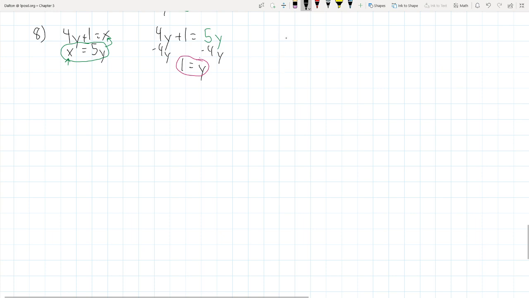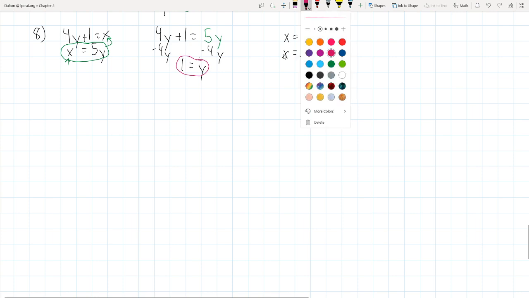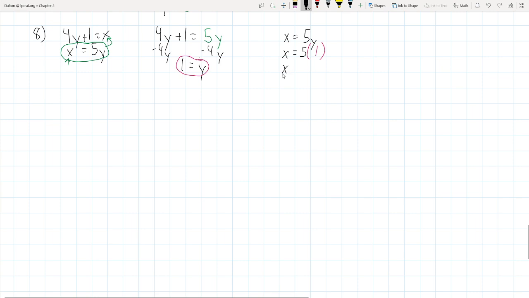You can actually plug it into either equation, but I'm going to plug it into x equals 5y. So I have x equals 5 times 1. So I get x equals 5. So my answer is 5, 1.